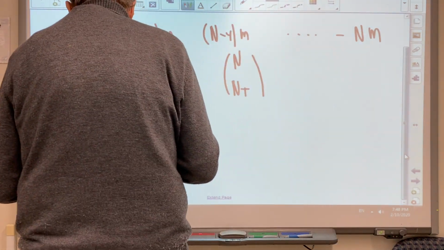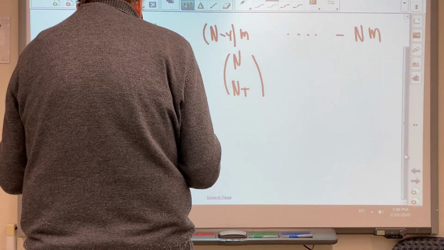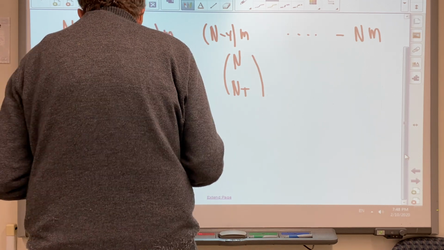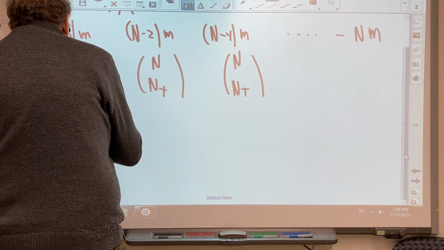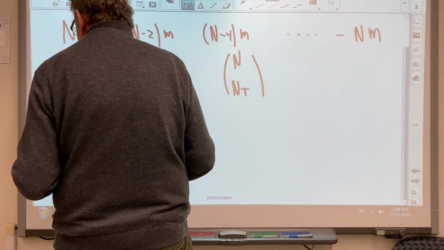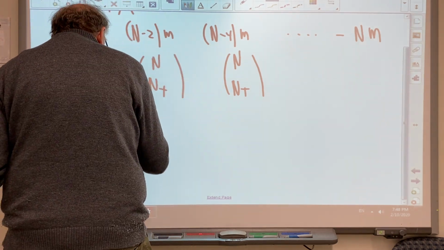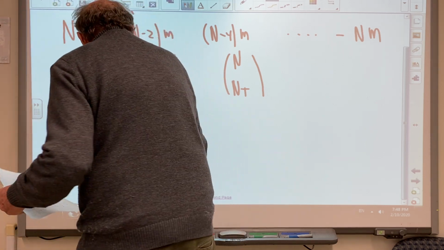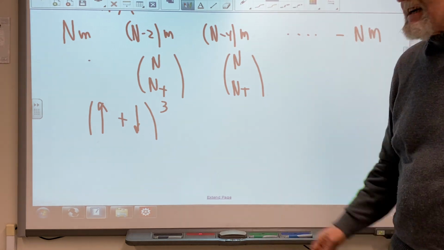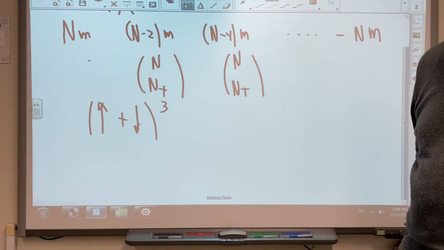So let me say that I want to write all the states. For example, let's say I have 3 spins. My system is of 3 spins. I have this, but I have this 3 times, and I understand that these are 3 copies.